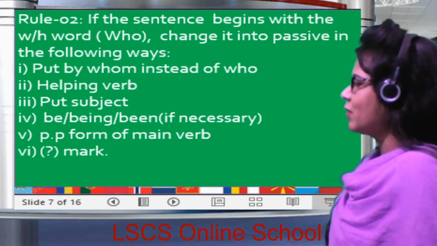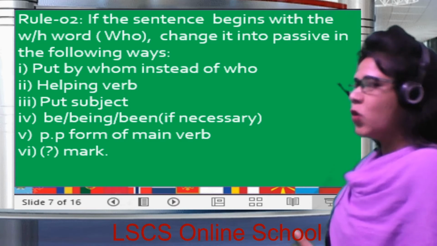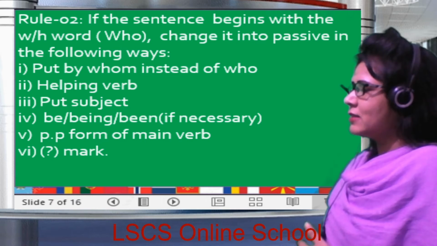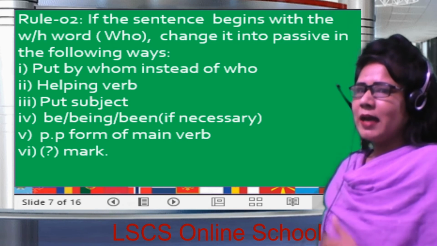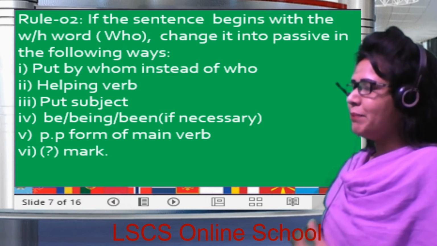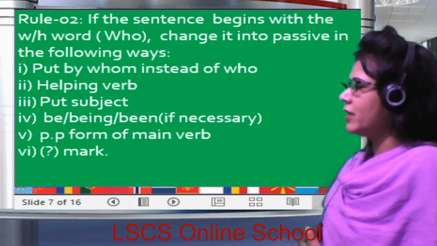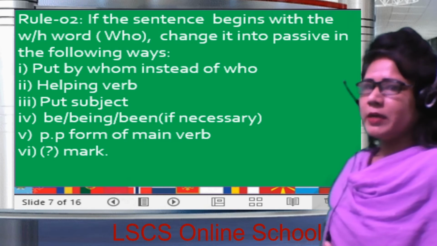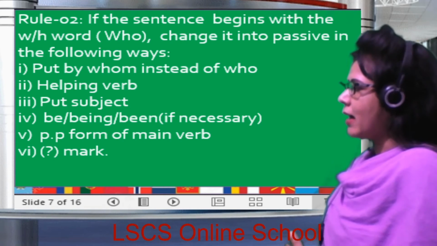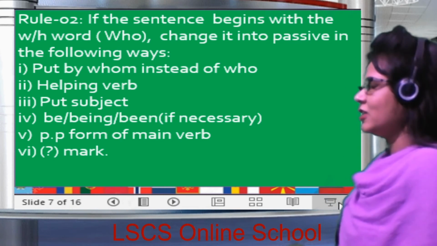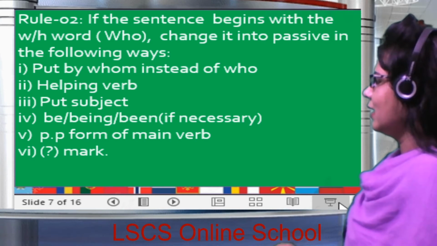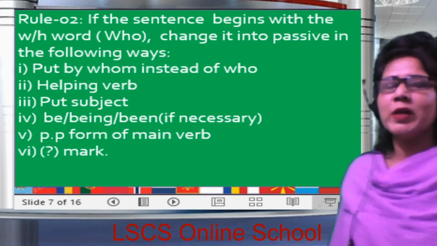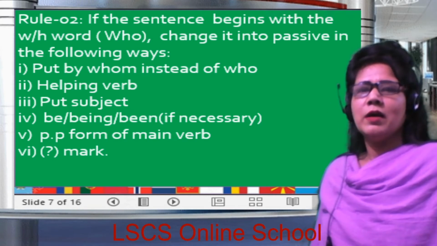So at first আমরা who এর পরিবর্তে এখানে whom বসাবো, and then helping verb, put subject, and be, being, been if necessary. যদি এখানে প্রয়োজন হয় তাহলে আমরা এখানে be being been বসাতে পারি. So pp form of verb, and at last, dear learners, put a question mark. In this way you can change active to passive voice.